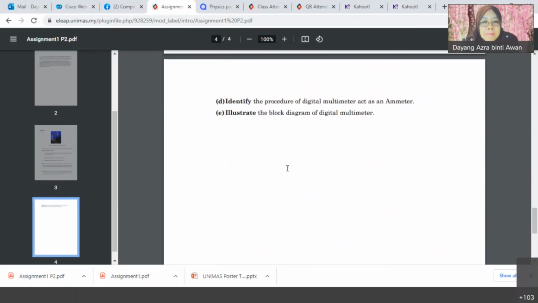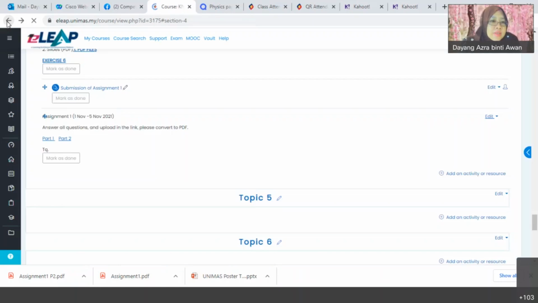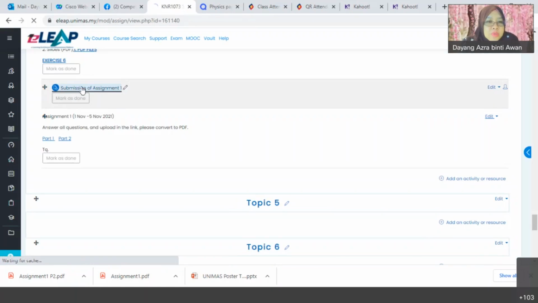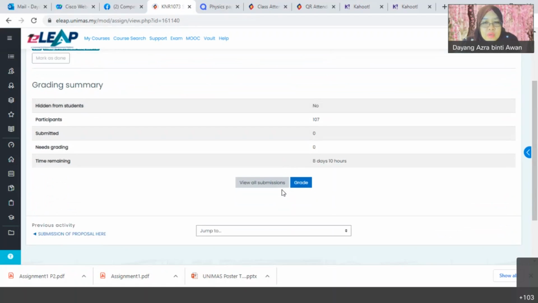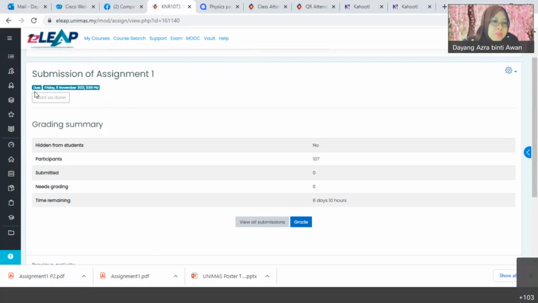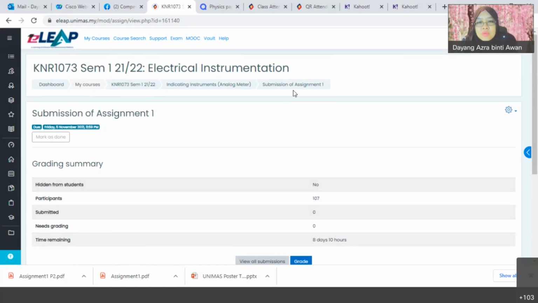And then this is the link. The link will open to you, and the due date for the link is until 5 November, hari Jumaat, pukul 11.59 malam. Whenever you're ready, you can team up with your friends also.